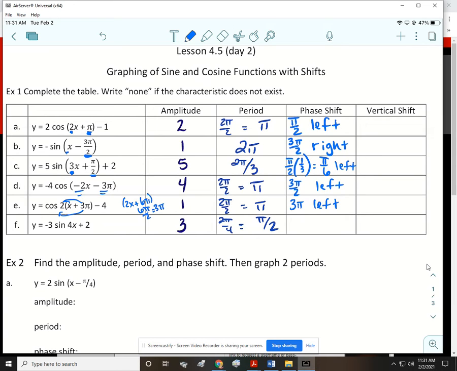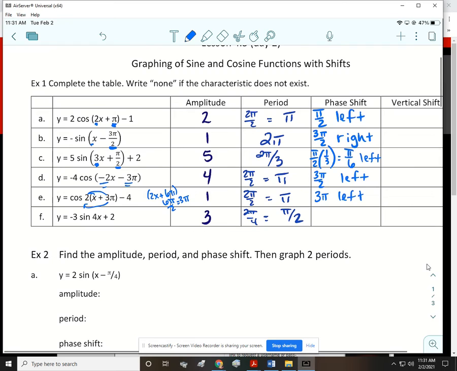And because it's positive, it's to the left. Right, so make a note on this one. If something has been factored out, you use that something for the period, but then you don't have to use it for the phase shift.